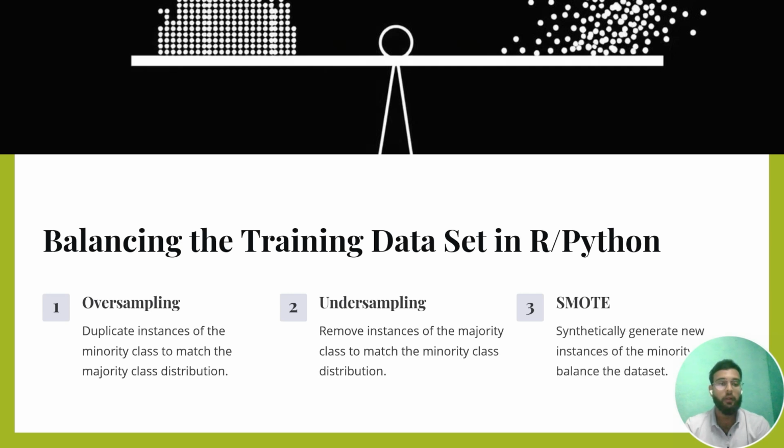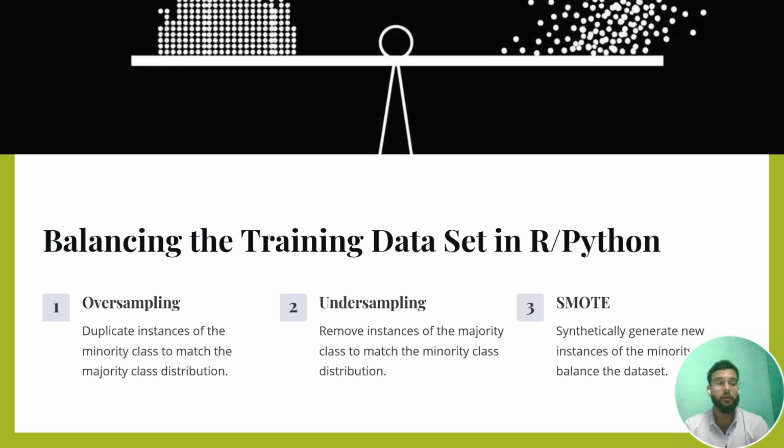Thirdly, we have the SMOTE process, in which we synthetically generate new instances of the minority data to balance the data set. Meaning we see which class has the minority data, which has less data.